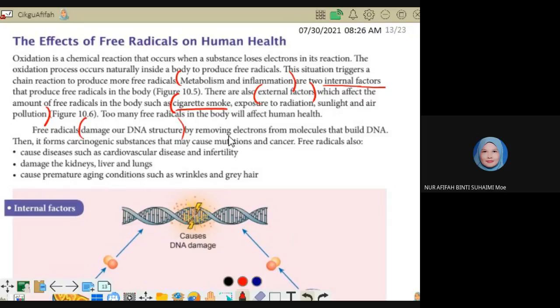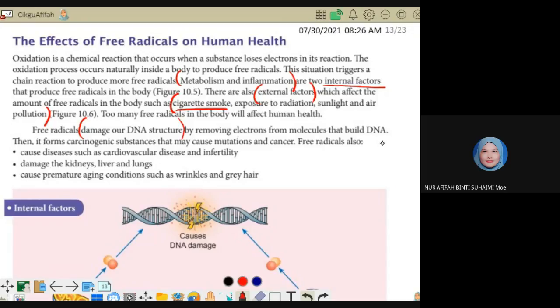It will remove the electron from the DNA. Dia akan kacau orang lain pula. Dia akan kacau atom lain, molekul lain dalam kita punya badan. So these free radicals damage our DNA structure by removing electron from molecules that build DNA.